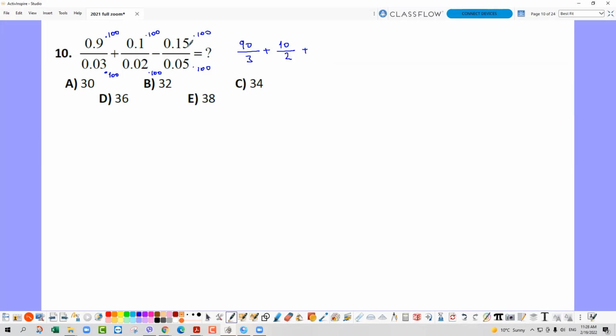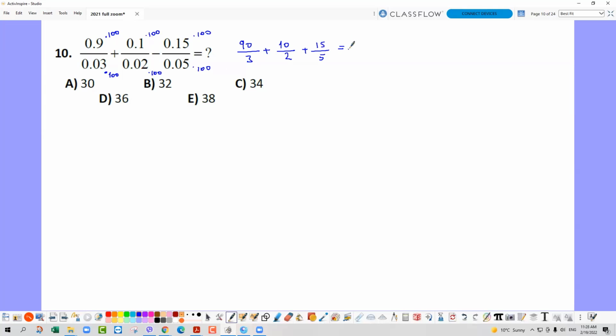And 0.15 times 100 is 15. 0.05 times 100 is equal to 5. I mean, I'm moving the decimal point 2 places to the right, with respect to the number of zeros.